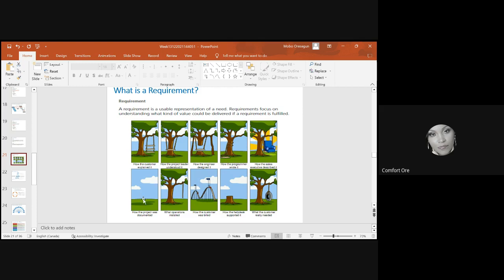And then the project was documented with a lot of holes, like a lot of air, or maybe nothing. So they were documenting something, definitely, but it just wasn't what was needed for the project.